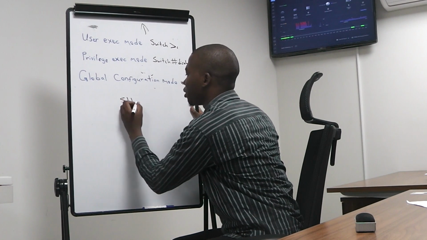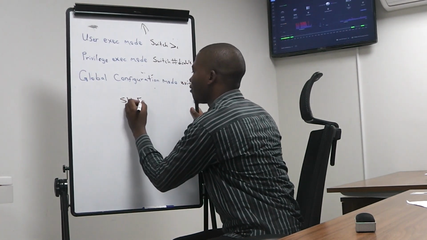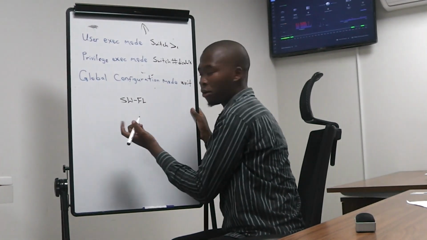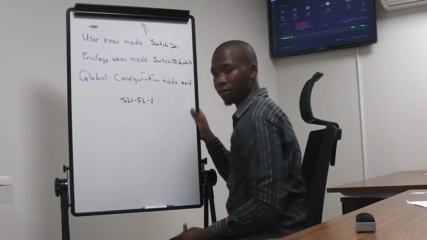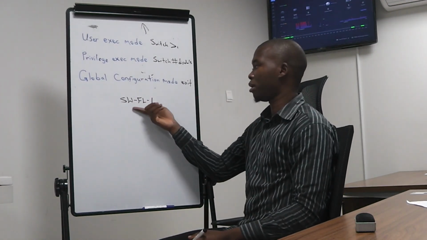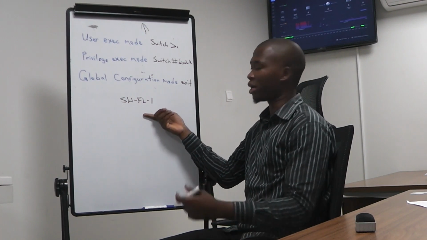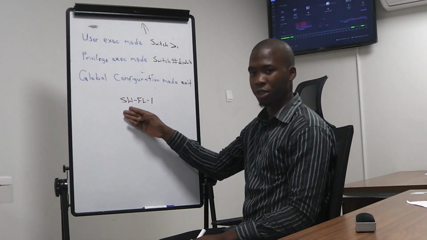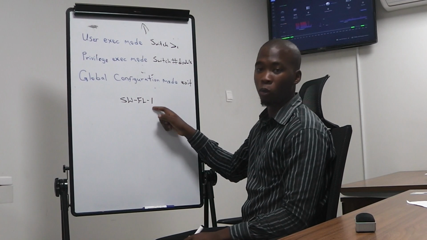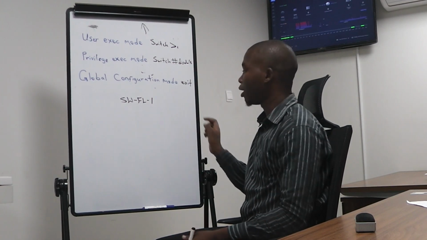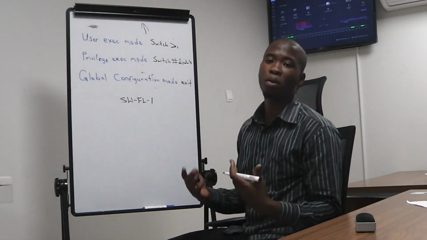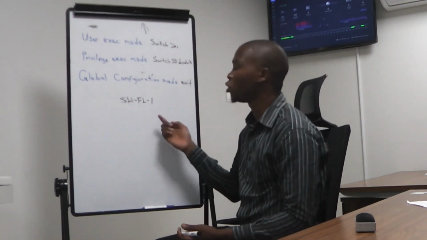SW means switch, FL means floor, hyphen 1. So this can be one way for me to know after logging in that this switch is on floor 1.